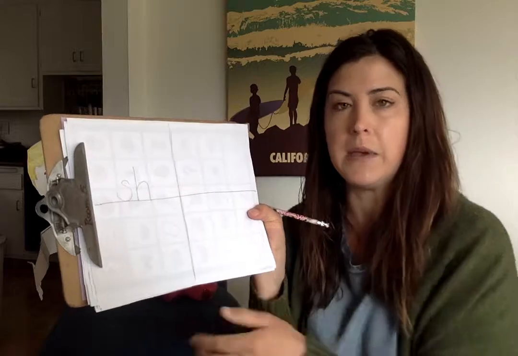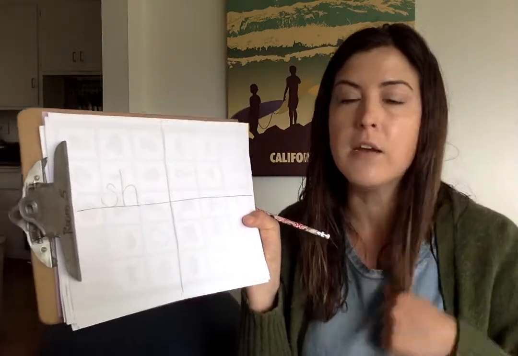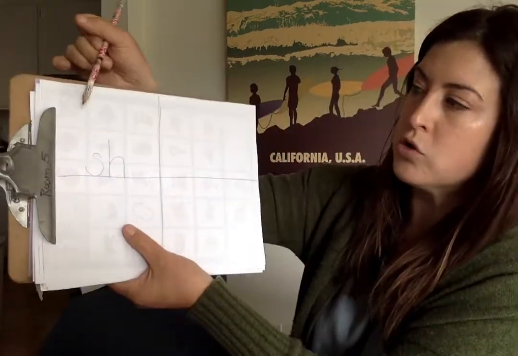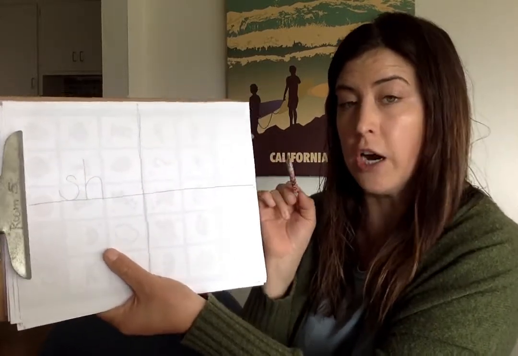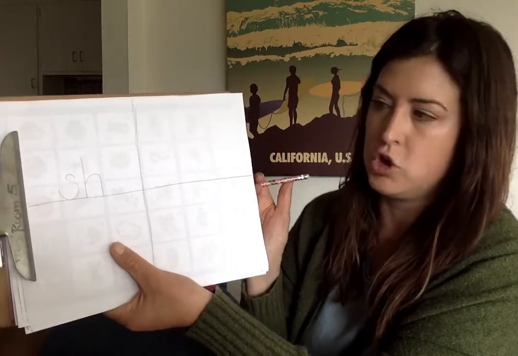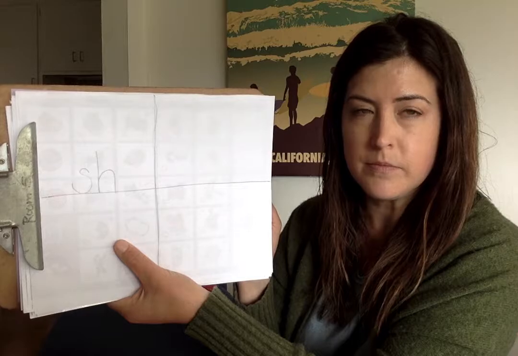Sometimes sh is at the beginning, or sometimes you might hear sh at the end of a word too. But the ones that we'll draw have sh at the beginning. So you could draw a shark. That's pretty tricky for me, so I'm not going to choose shark. You could choose ship. Ship is like a big boat. You might want to draw a ship.